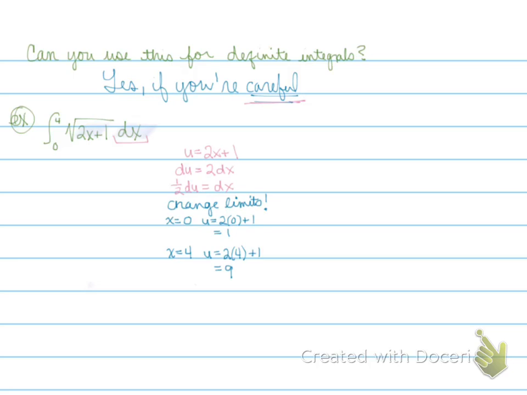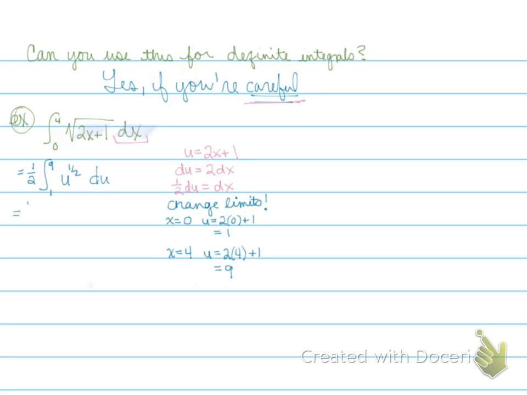So let's write with our new limits of integration our expression with u. We replace the dx with a 1/2 du, so I need a 1/2 out here in the front. My integral is now from 1 to 9, watch your order there, times u to the 1/2 power du.